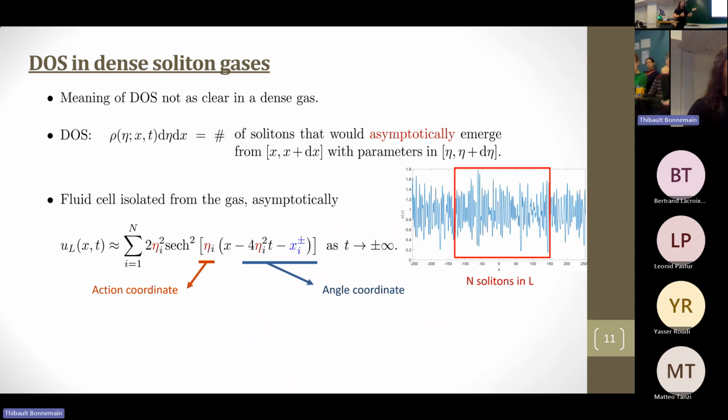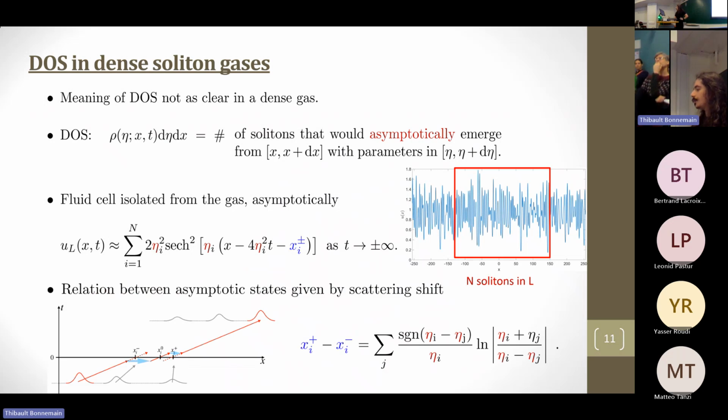Okay. And once again, I need to remind you that the eta, the spectral parameters, the Hippolyte parameter, can play the role of action and of coordinates here. And knowing either the N-couple of eta and x minus, or eta and x plus, is enough to completely and uniquely specify your solution at all times. Lastly, I want to mention the relation between x plus and x minus.